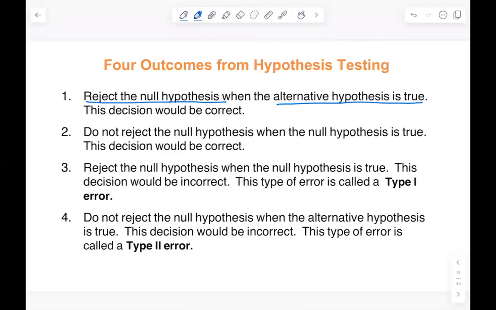And it says do not reject. I like the words fail to reject. It just sounds fancier, more mathy or sciencey. We fail to reject the null hypothesis when the null hypothesis is true. So if we don't have evidence to show that the null hypothesis isn't true, we fail to reject it.